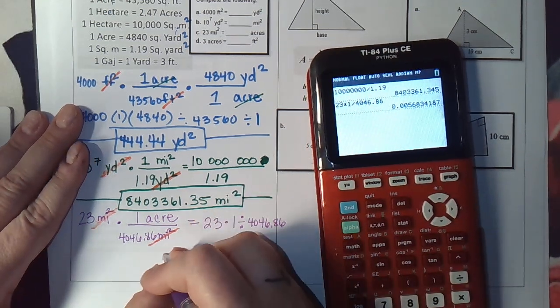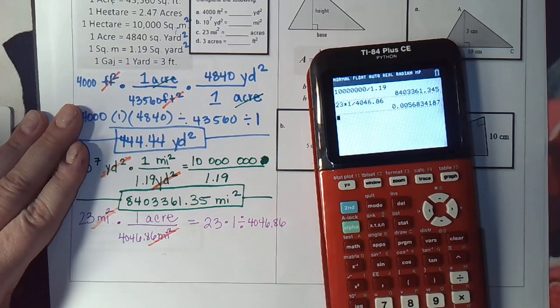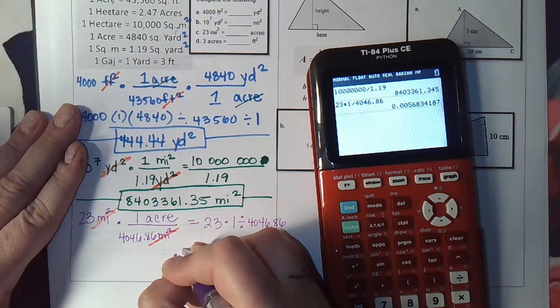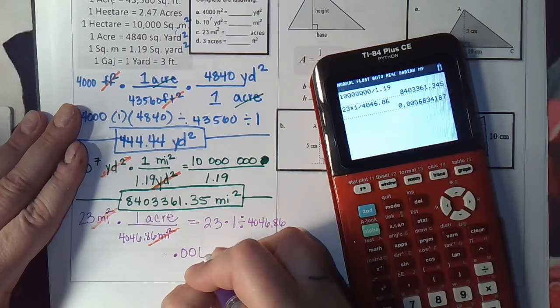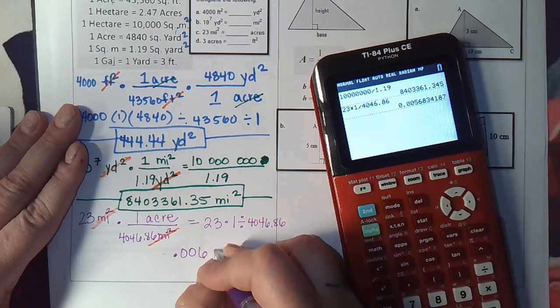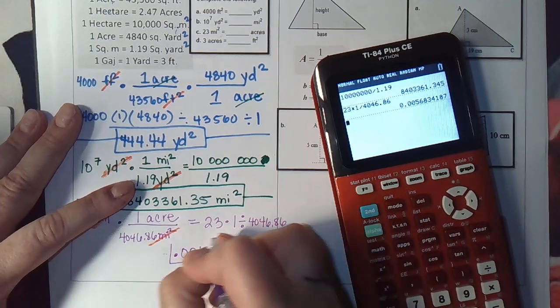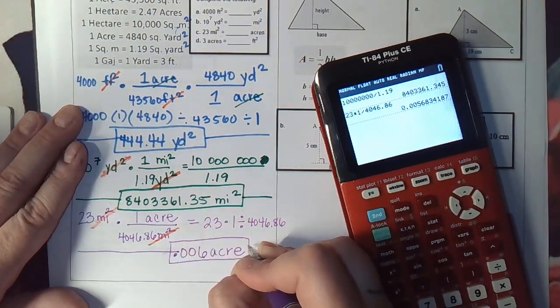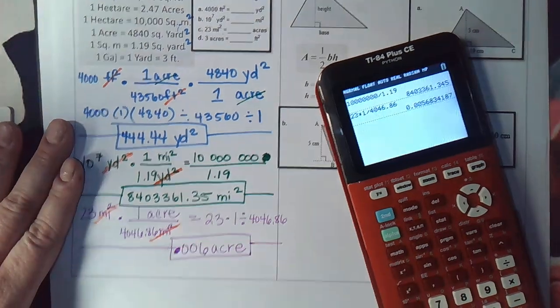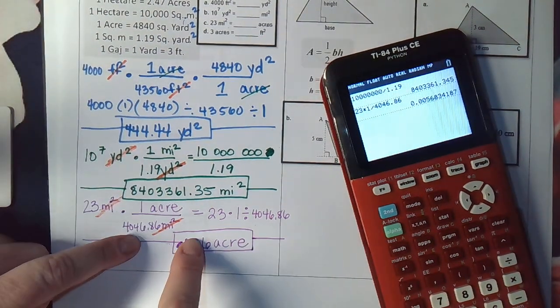And I get 0.006 acres. And on your homework, you'll have to see what to round it to. And again, that square mile canceled.